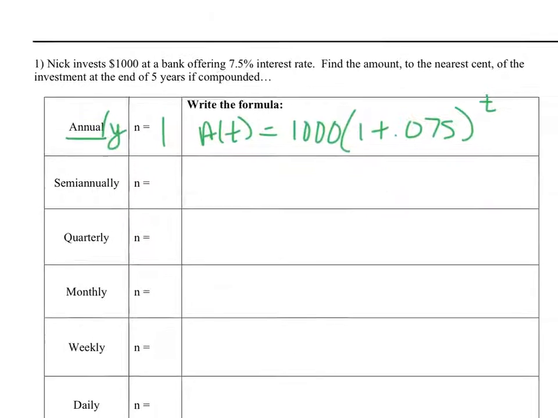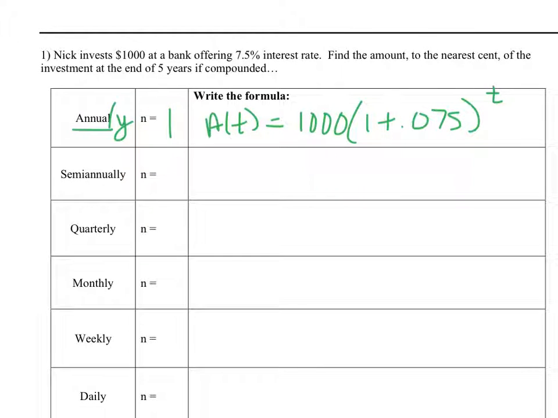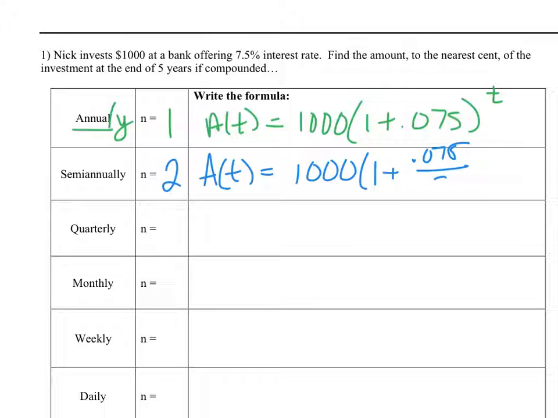I'm going to do the first one and allow you to try to get through the rest of them. So semi-annually is twice a year. So if we're going to do the interest twice a year, what we do is we split that interest by 2, and then we square it. Okay?